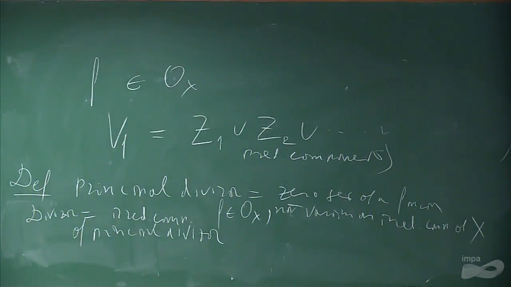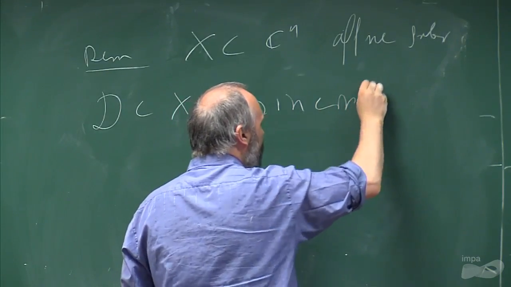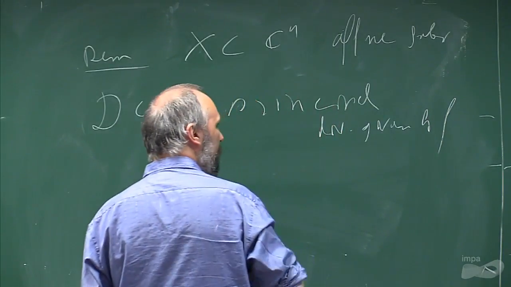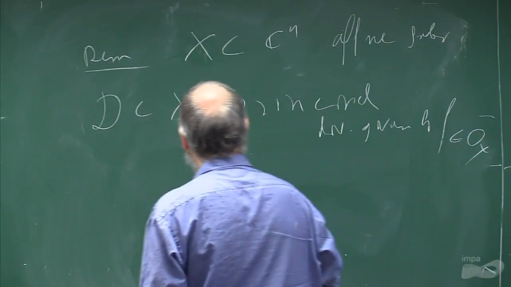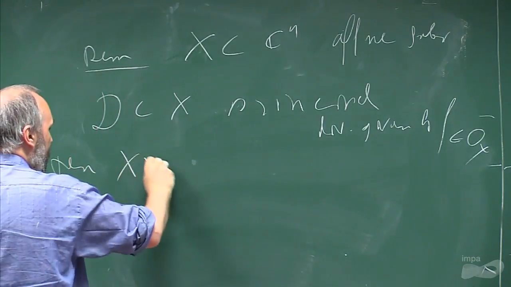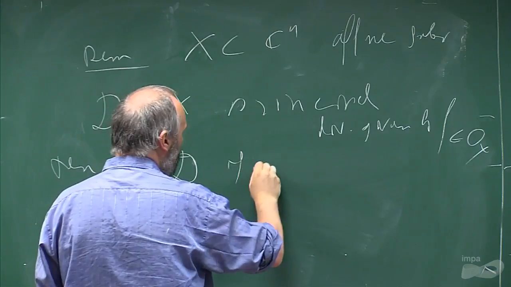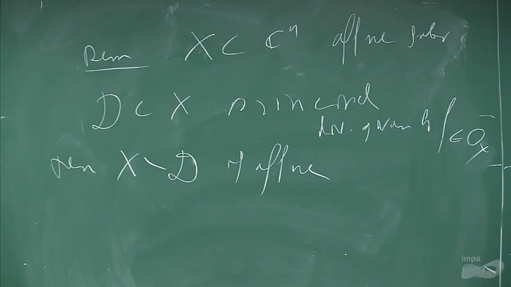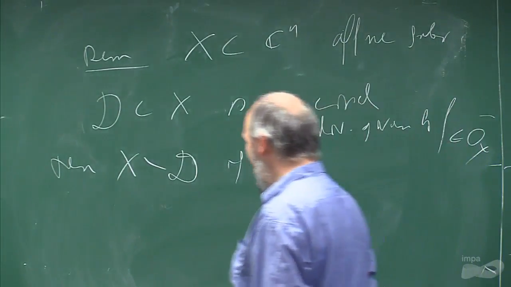Anyway, remark: suppose you have X inside C^n, an algebraic affine subvariety, and you have D inside X, a principal divisor given by a function F. Then X without D is also affine.